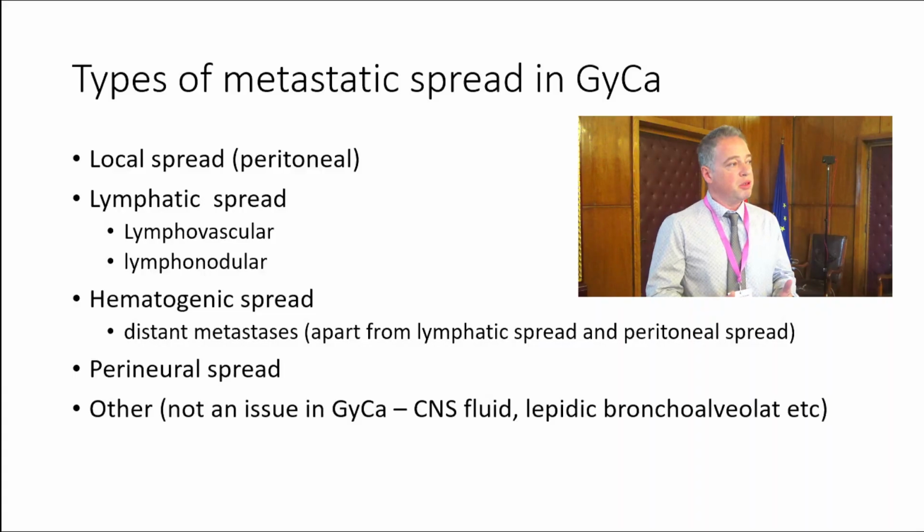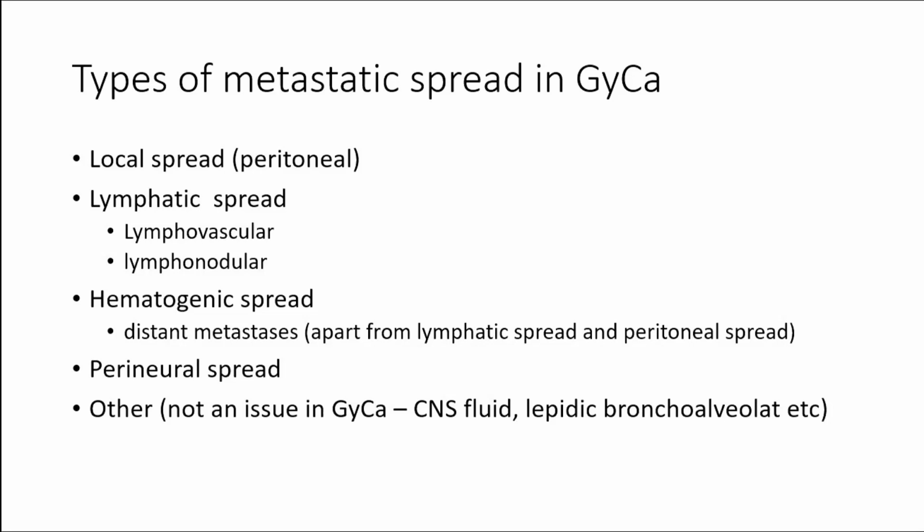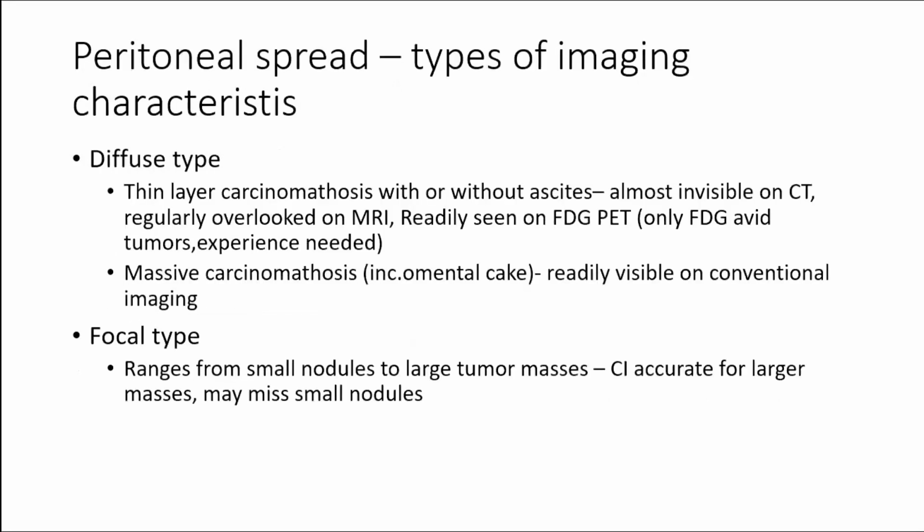The lymphatic spread could be either lymphovascular or lymphonodular at the end stage. Hematogenic spread is okay. Don't forget perineural spread. It's very typical for spinocellular cancers. Other types of spread are not an issue, or at least not a major issue, in gynecological cancer.